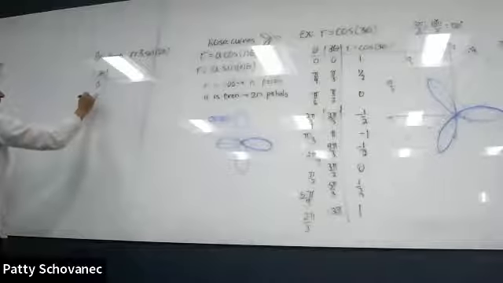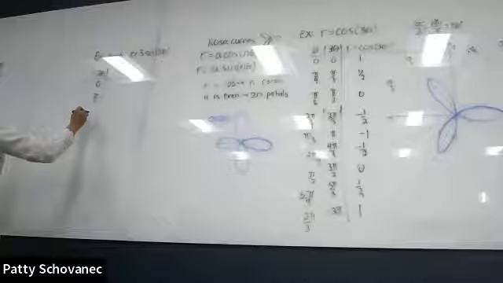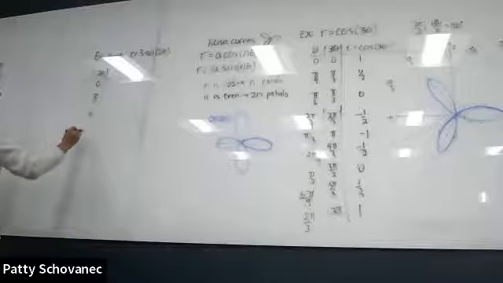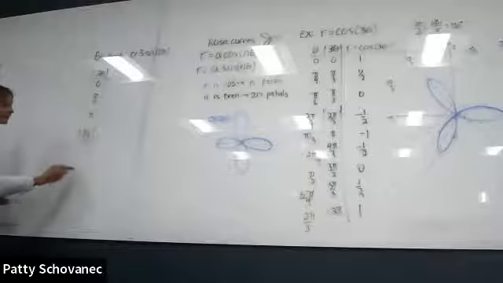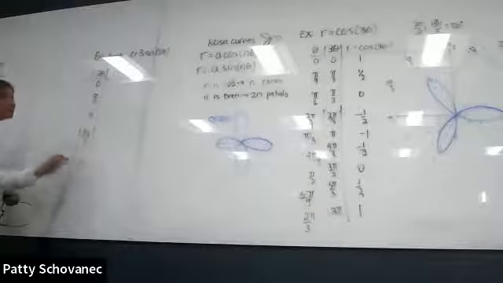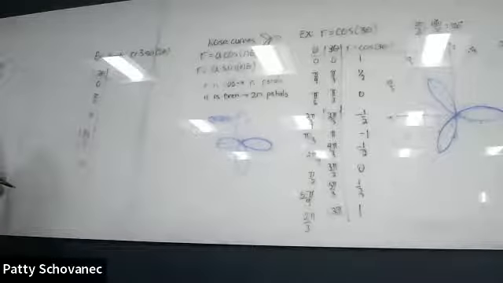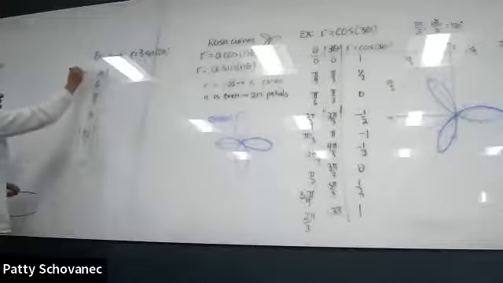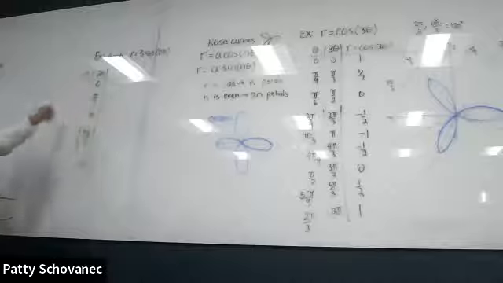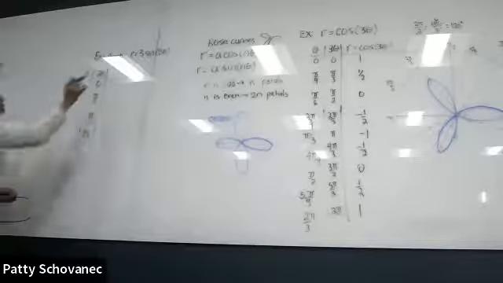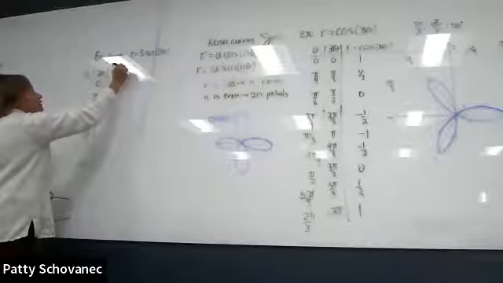Sine of pi over 2 is 1. Sine of pi puts me back to 0. Sine of 3 pi over 2 gets me back to 1 again. Agree? And then sine of 2 pi is 0 again. So let me see if I can get a graph just using those as 2 theta. Now remember, I need to plot theta, so I'm going to divide by 2 to get these numbers after I compute r.